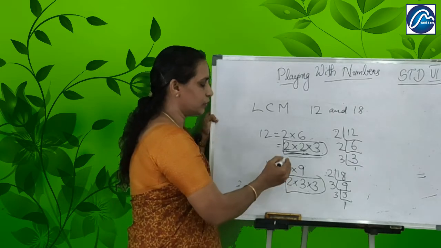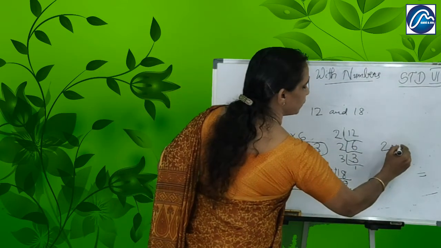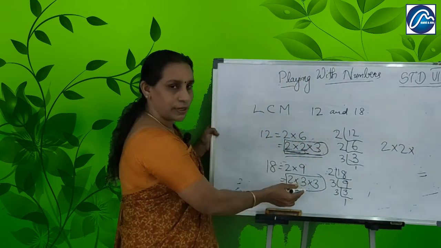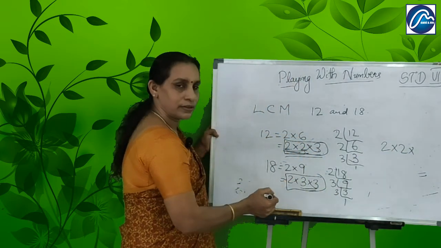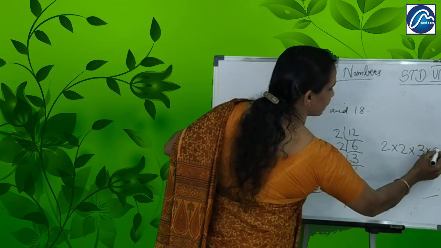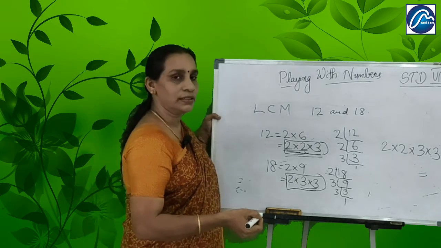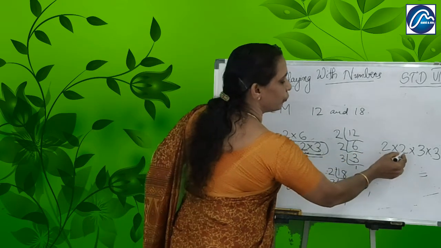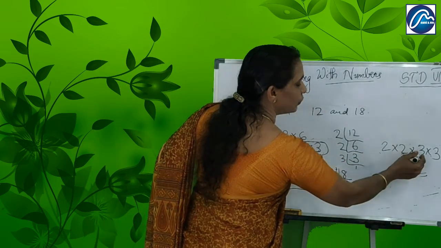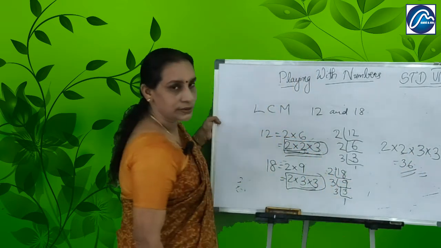Here only one 2, here two 2's are there, so we are taking both 2's. And 3 is repeating the most times here. So, every number which is coming the most times, those numbers we are taking. So, this is the least common multiple. 2 into 2 is 4, 4 into 3 is 12, 12 into 3 is 36. So, the answer is 36.